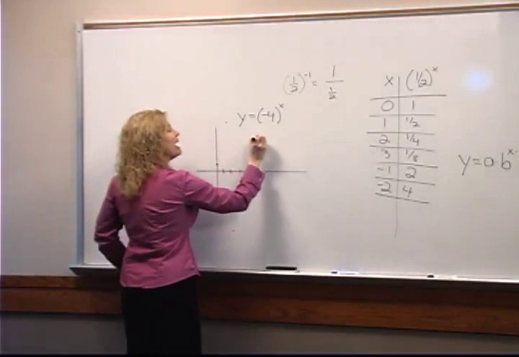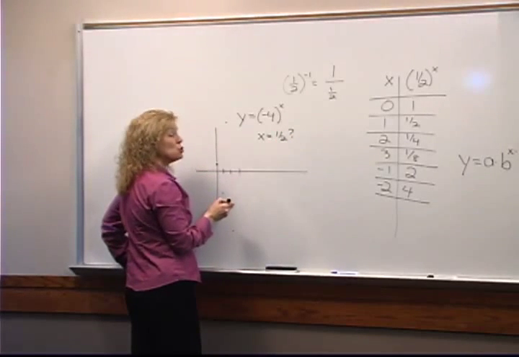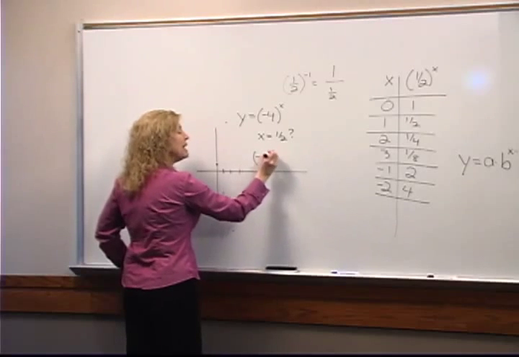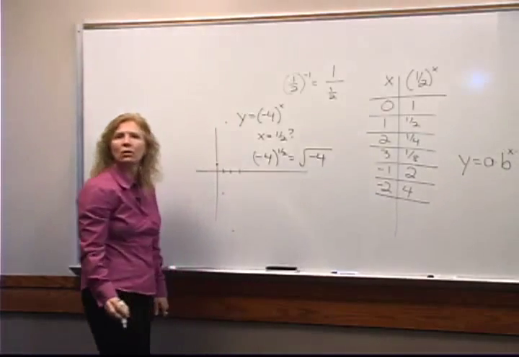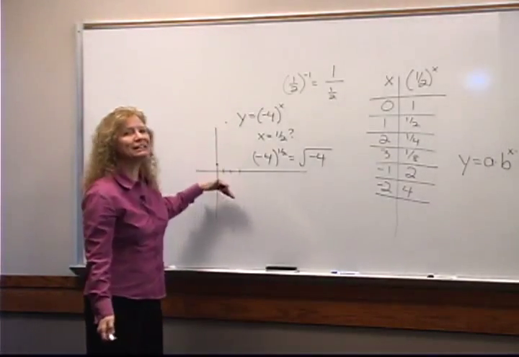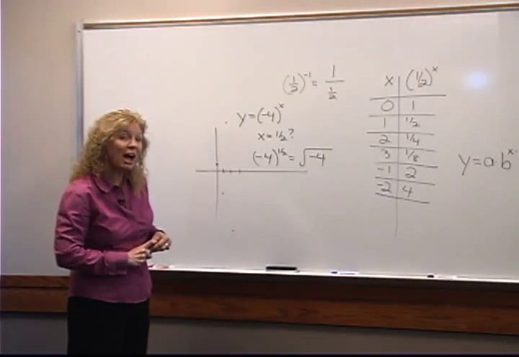And then, what about those numbers in between? How about if x is equal to 1/2? Do you remember what an exponent of 1/2 means? Well, -4 to the 1/2 means the square root of -4. It's not even defined, which means it wouldn't even be legal for me to connect the dots if I was crazy enough to try.